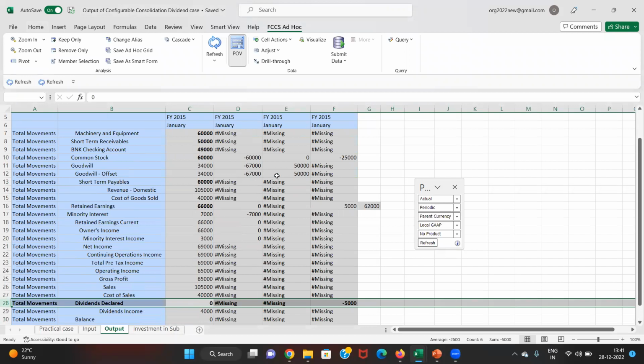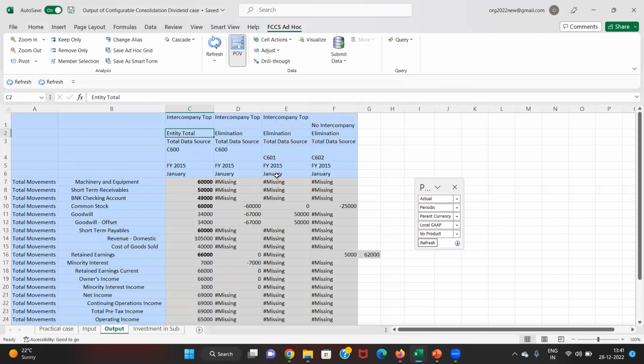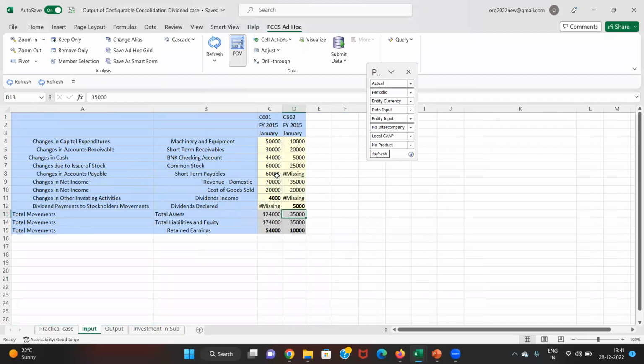So what is happening here is that when we are running the consolidation business rule, the dividend declared account is not rolling up to the console entity, console level, that is C600. It got rolled up when we prepared the input sheet.